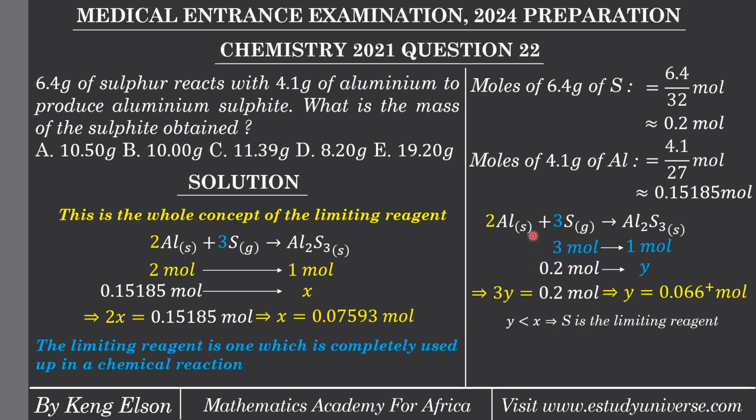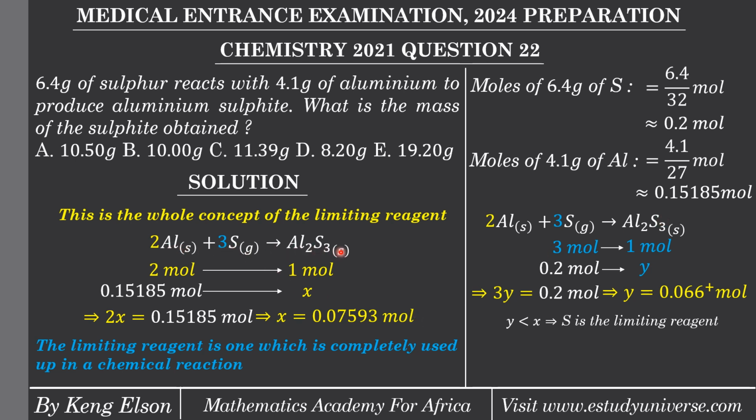It therefore means that sulfur is the limiting reagent, because of the definition that the limiting reagent is a reagent which is completely used up in a chemical reaction. In other words, because y is less than x, that is the number of moles of aluminium sulfide with respect to sulfur is less than the number of moles with respect to aluminium.